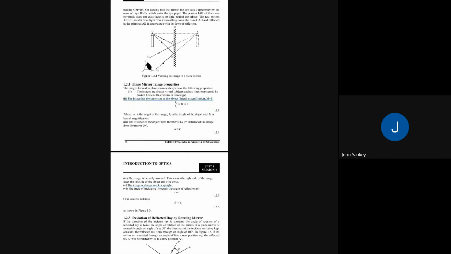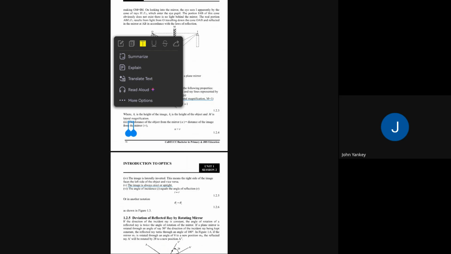That is property number two. Property number three, the distance from the mirror to the image, which we call image distance, is always equal to the distance from the mirror to the object, which we call object distance. So when reflection occurs, the image distance is always equal to the object distance.